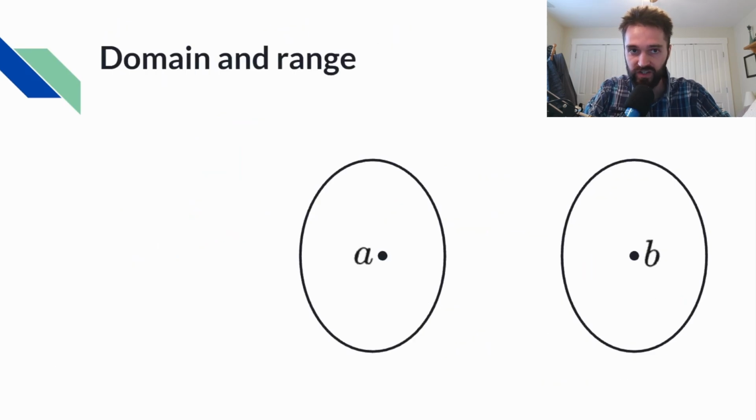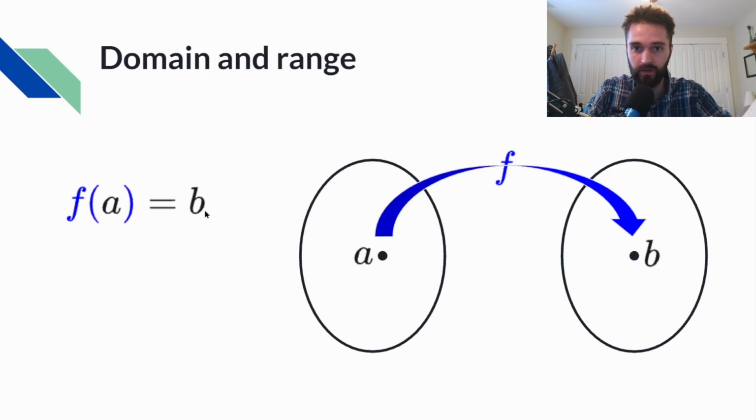All right, let's talk about the domain and range. If we have, for example, f of a equals b, I have some blue function f, and I'm plugging a into the function and I'm getting out b. So the function f maps a to b. This set right here, that's what this blob represents. It represents a set.